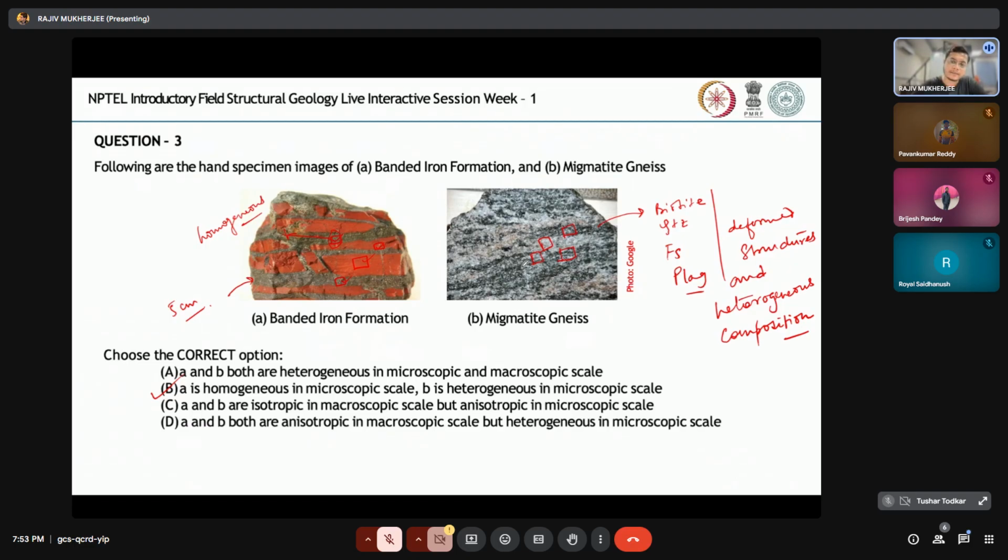They will show some alignment or orientation. Those are known as shape preferred orientation and crystal preferred orientation. And this is how even from a thin section you can actually interpret how much strain has been accommodated within this migmatitic gneiss because of the deformation, right?